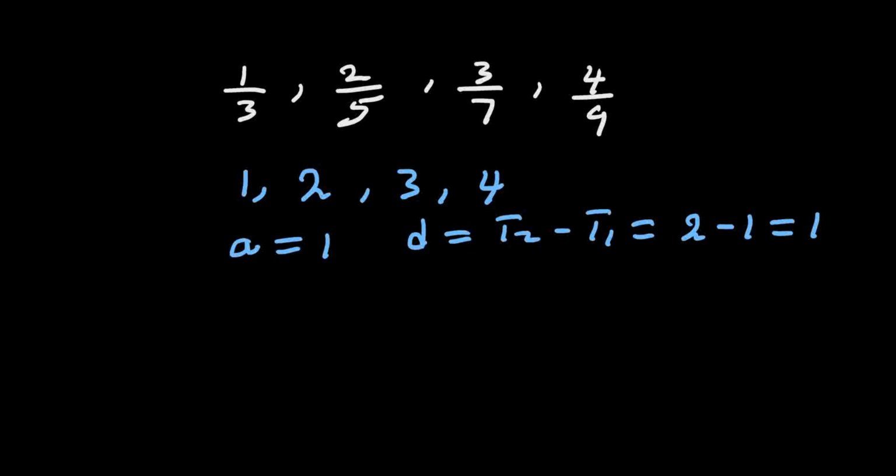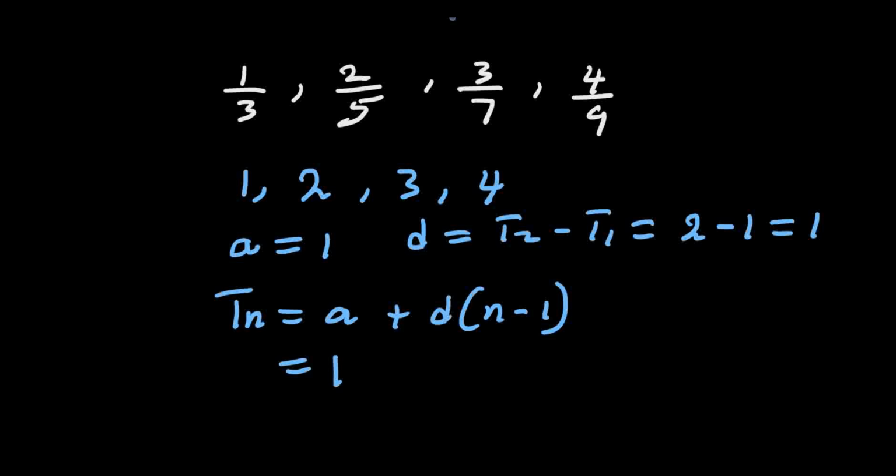Now, the nth term Tn is equal to A plus the common difference times n minus 1. So the first term, A is equal to 1, plus the common difference is also 1, times n minus 1.